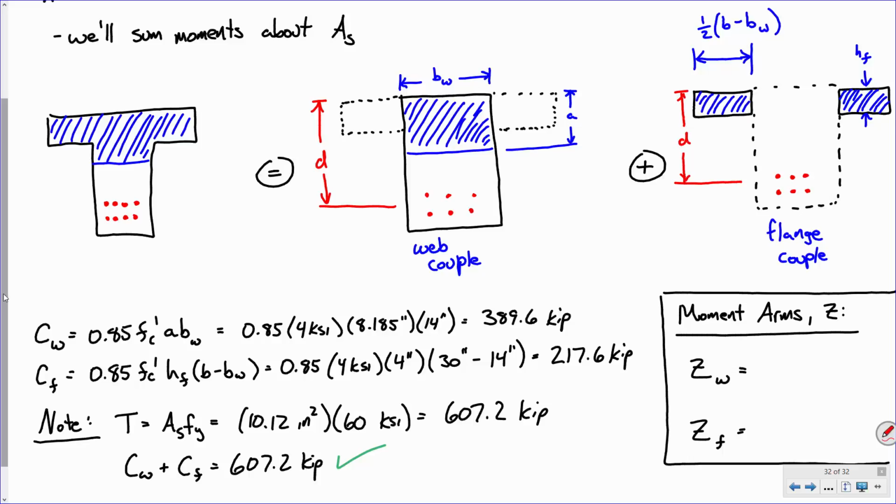Okay? So, help me out. How far is it? Let's look at the web one first. How far is it from the center of this force to the centroid of that force? Nope, not a, close. d minus a over 2. Now, if that's the case for this force, what about that one, the flange couple?